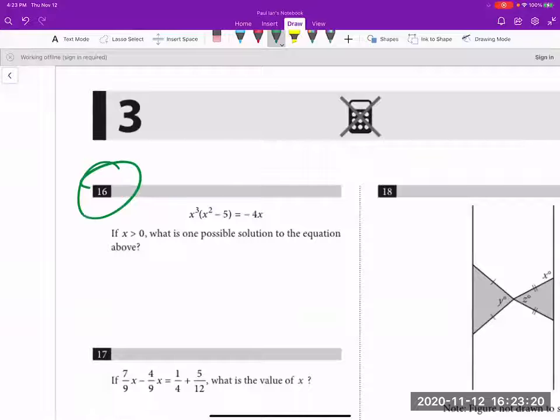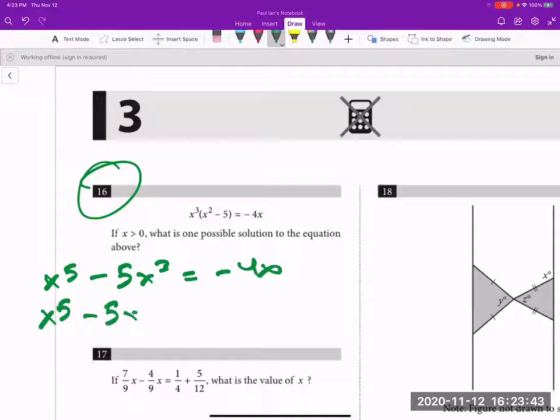This one you can have multiple solutions. What I would do is just the typical solve for x. So let's try expanding this. If you do this, x to the 5th minus 5x cubed equals minus 4x, so x to the 5th minus 5x cubed plus 4x equals 0.